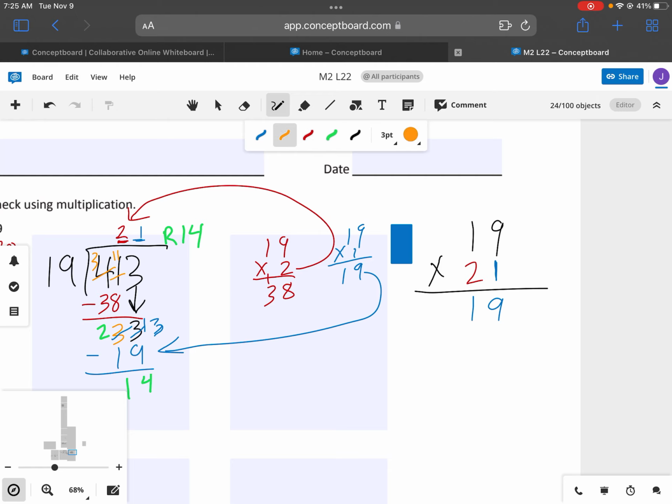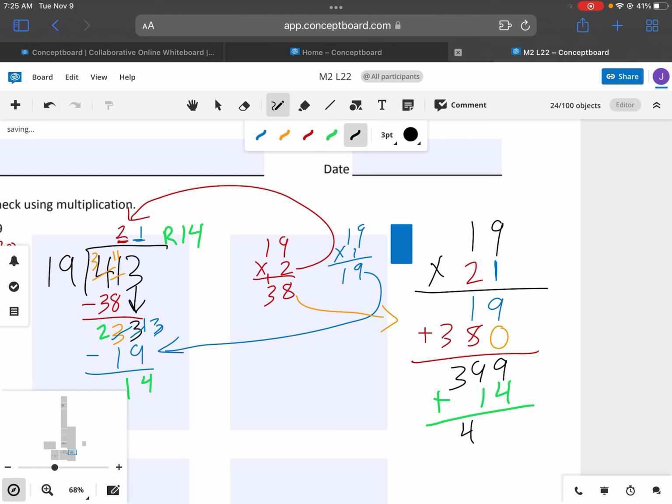So it's basically going to be putting a 0 here, and then doing what we have over here, the 38, adding that up, and that gets us 399. Then we add our remainder, so that's going to be 400.